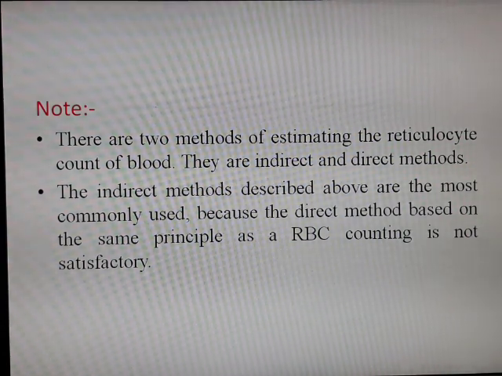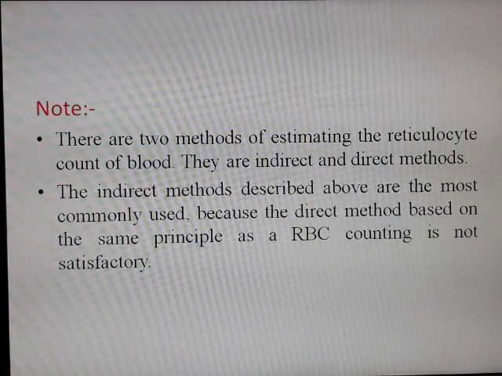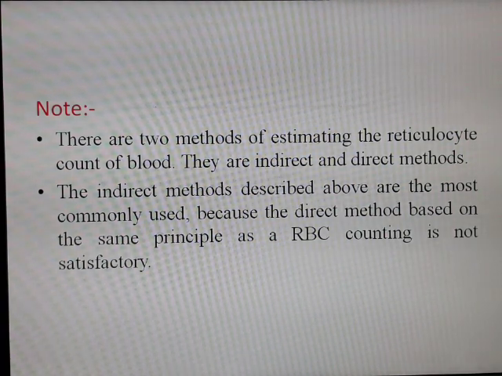There are two methods, one direct and one indirect. The methods that I just told you are indirect methods. Indirect methods are considered more satisfactory, because the direct method, based on the same principle as an erythrocyte or RBC count, is not very satisfactory.